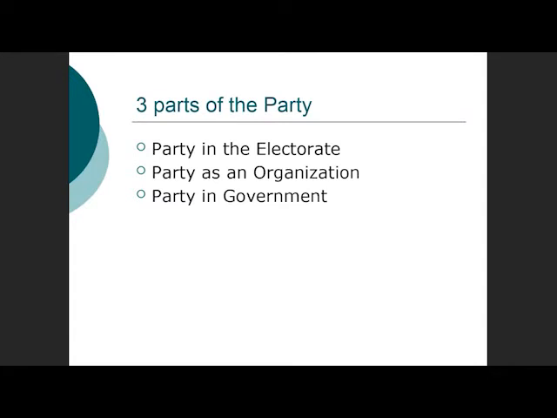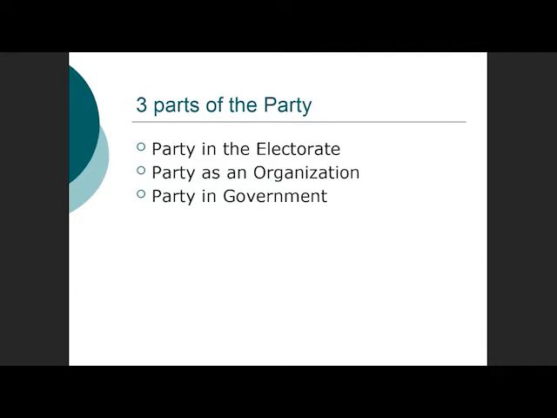So I'm going to stop a little bit on that and talk about organization of political parties in general. There's a couple different ways to look at how political parties operate and how they organize. And so we're going to talk about the different elements of a political party real quick.